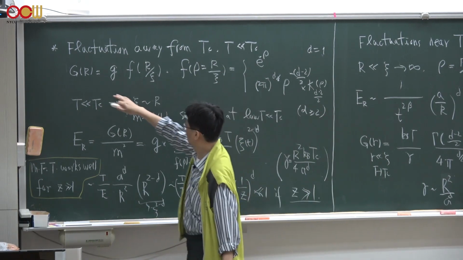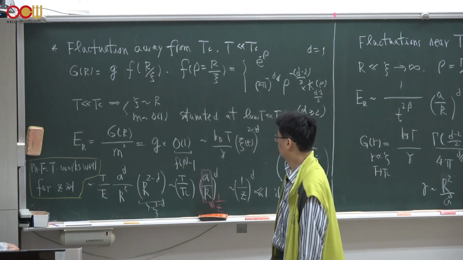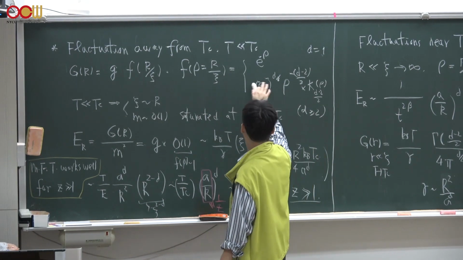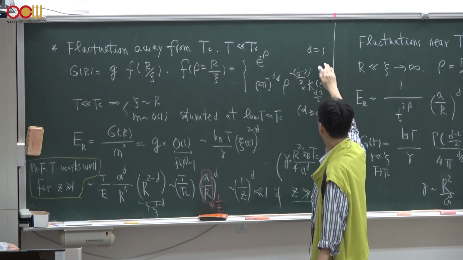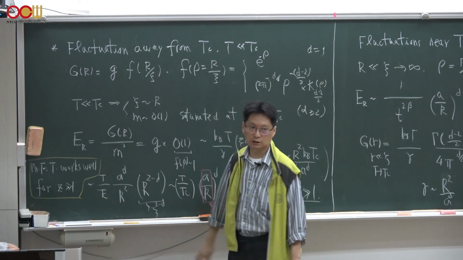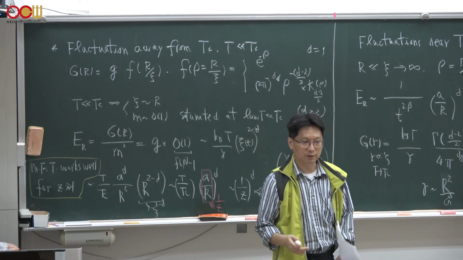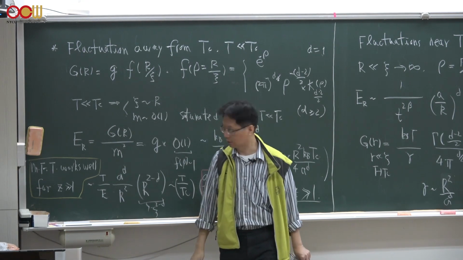Remember the correlation function G(r) that we already obtained previously in that regime takes this form, depending on your dimensionality. When the temperature is well below Tc, this correlation length is roughly the same as the range of interaction R that we already mentioned.